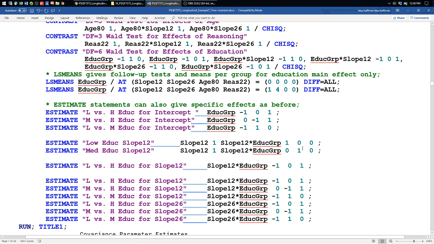Would I need to write one of these statements for the high group? No, Kofung, you're shaking your head? You're right. Why don't I? It's implied. Well, I already have it. So because my high group is the reference, the main effect of slope 1.2 is for that group already. So I don't have to ask for it. But I could, because then they'd all be in one place, which is convenient.